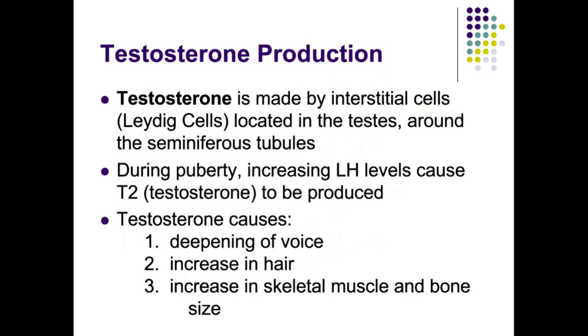Testosterone production takes place in the testes, and it's done by one of those special interstitial cells called the Leydig cells. Leydig cells are located in the walls of the seminiferous tubules along with Sertoli cells. Testosterone production occurs at puberty.